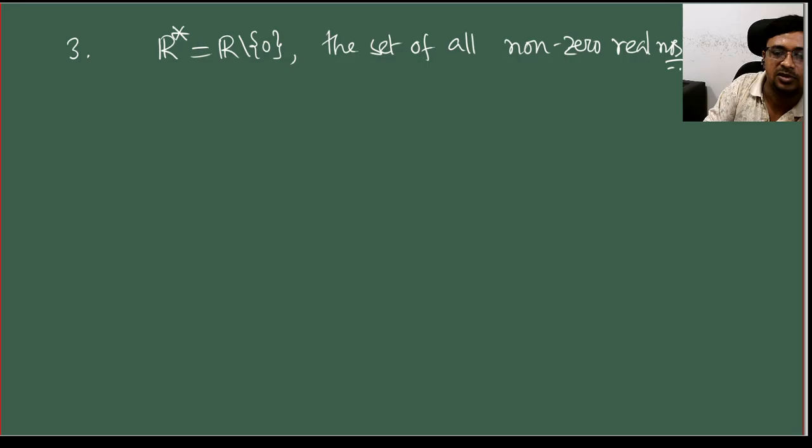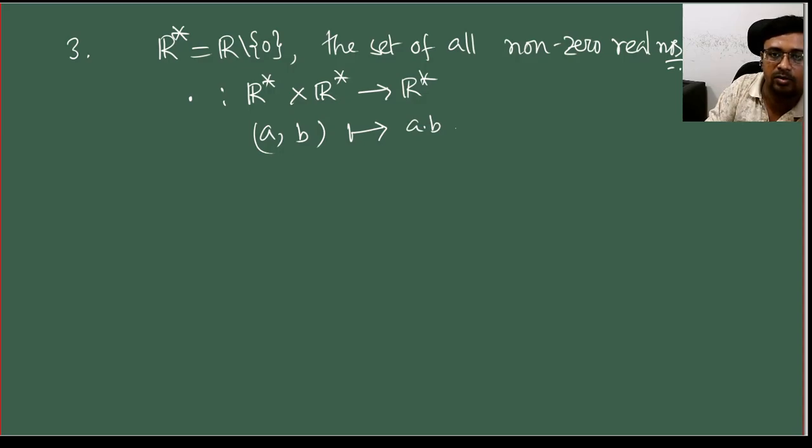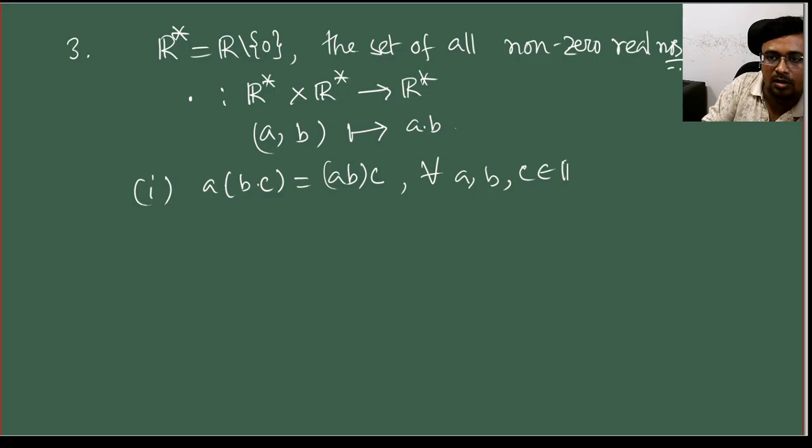Now, note that the multiplication of two non-zero real numbers is again a non-zero real number. So multiplication defines a binary operation from R star cross R star, given by taking two non-zero real numbers A and B and sending them to their product A times B. This has the same kind of properties. That means the multiplication is associative: A times BC is equal to AB times C for all A, B, C in R star.